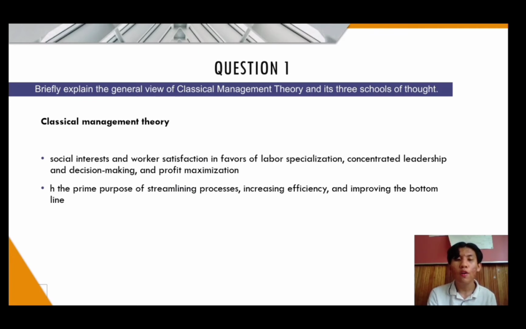The prime purpose is streamlining processes, increasing efficiency, and improving the bottom line. The philosophy provides some concepts that to some degree remain applicable in local business settings in terms of manufacture.